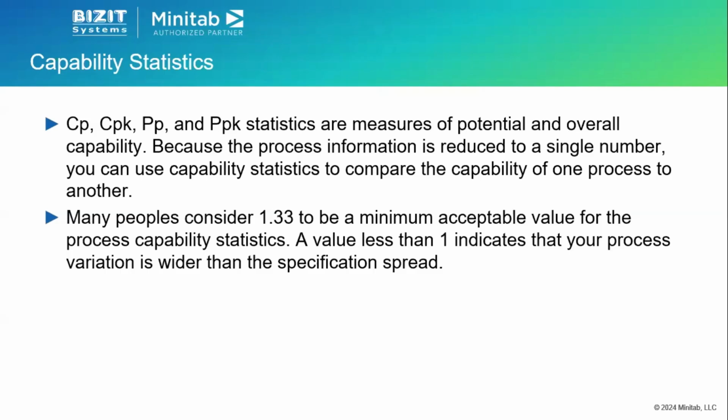A value less than 1 indicates the process variation is wider than the specification limit. Different companies provide different guidelines. Some companies set more than 1.33 as pass, but some industries set more than 1.67 as pass.